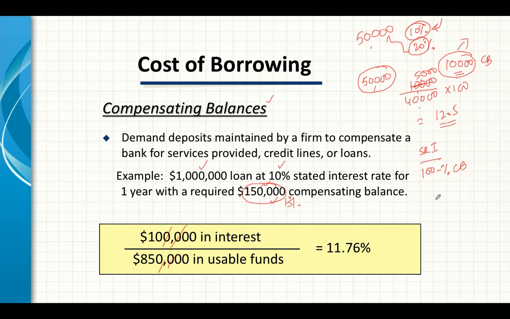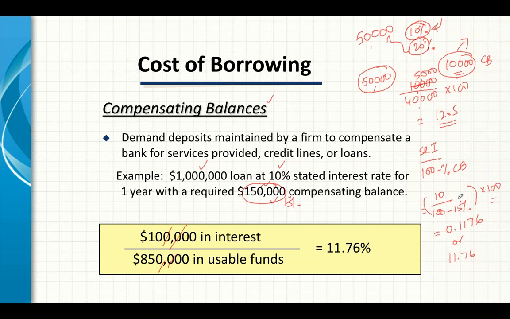So what you need to do is 10%, the rate of interest, divided by 100 minus 15%. Calculate 10 divided by 85, which is 0.1176, so you can write 11.76. Better you write it into 100.